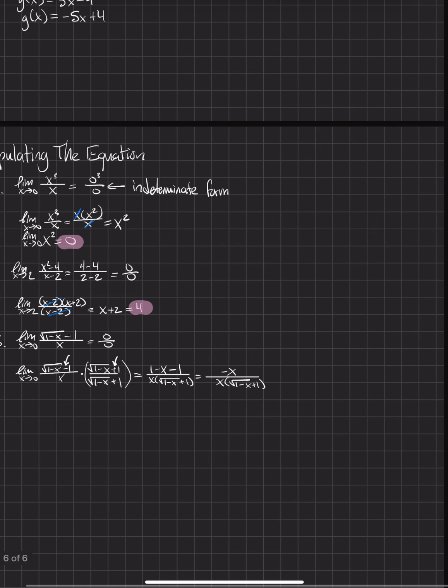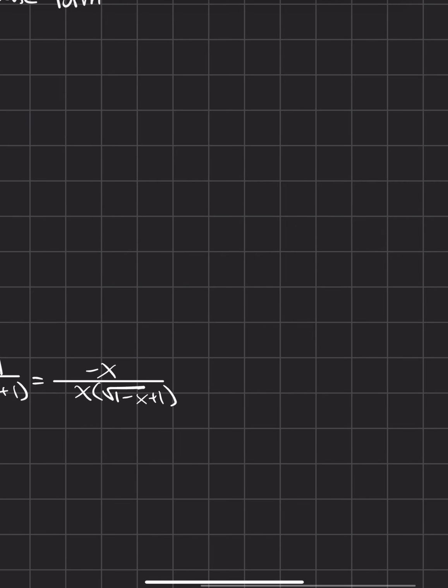And then it looks like we can do something else with this, which is taking out another x, and then we'll be left with -1 over the square root of 1 minus x plus 1. Let me move this over so it's clear: this plus 1 is not included in the square root.